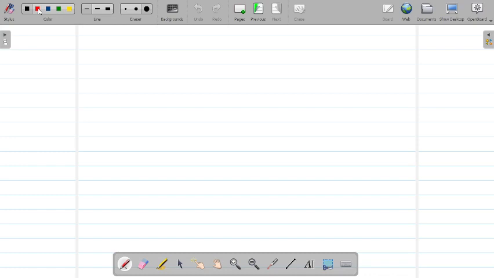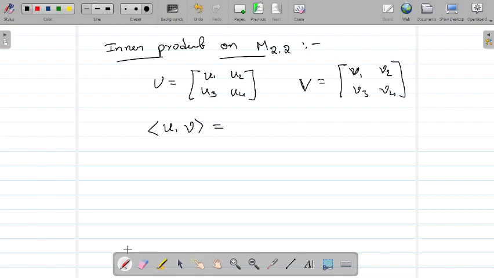Whereas V is a matrix where the elements are V1, V2, V3, V4. Okay. Now you define ⟨U, V⟩ equal to trace of U transpose V. This will be the same as the trace of V transpose U. Can you tell me what is the trace of U transpose V?